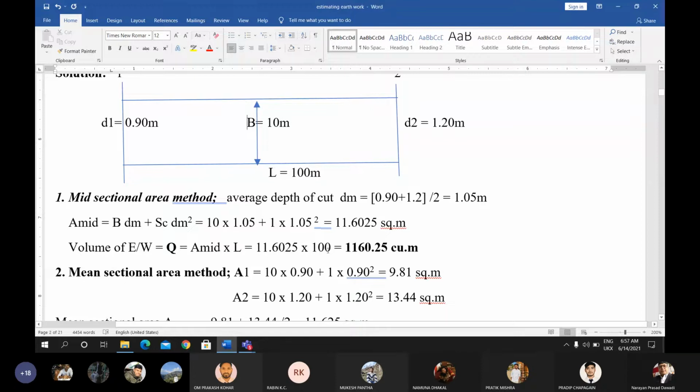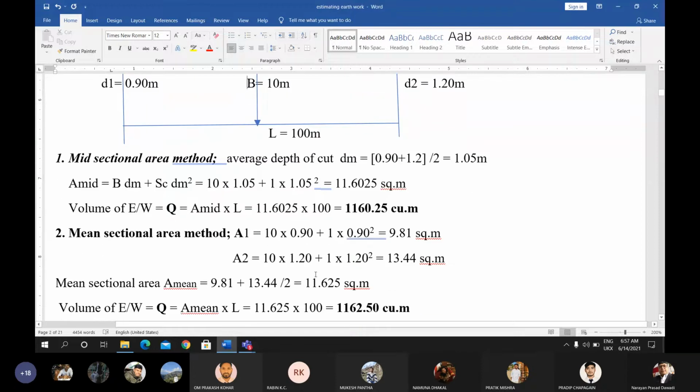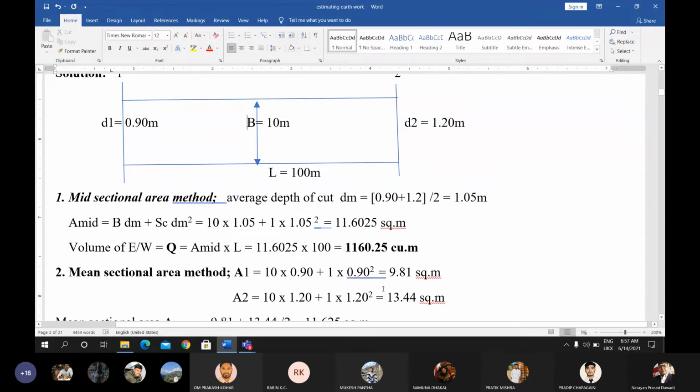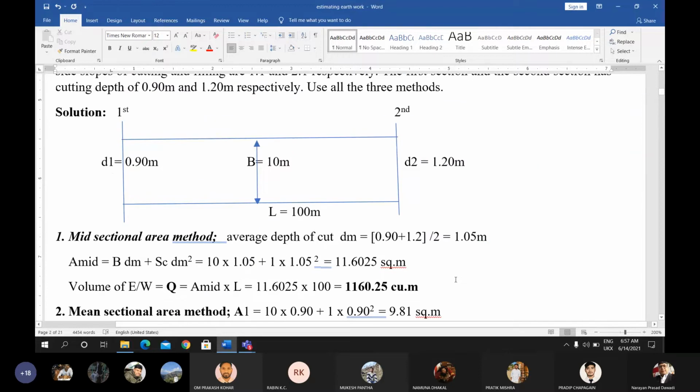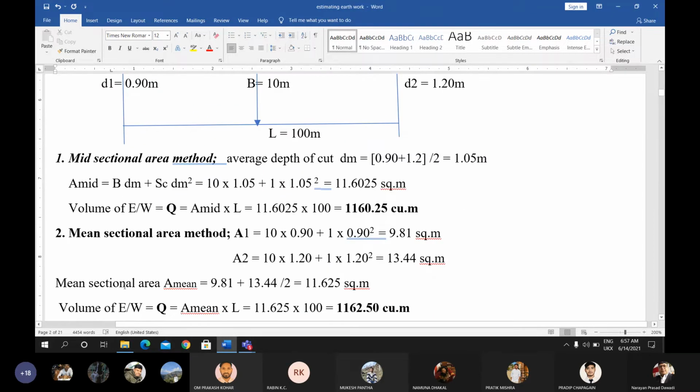Similarly, for the second section, area 2 will be B D2 plus S D2 square, and using this formula you get area 2 as 13.44. After finding each section's area, find the mean area: area mean is 9.81 plus 13.44 divided by 2.